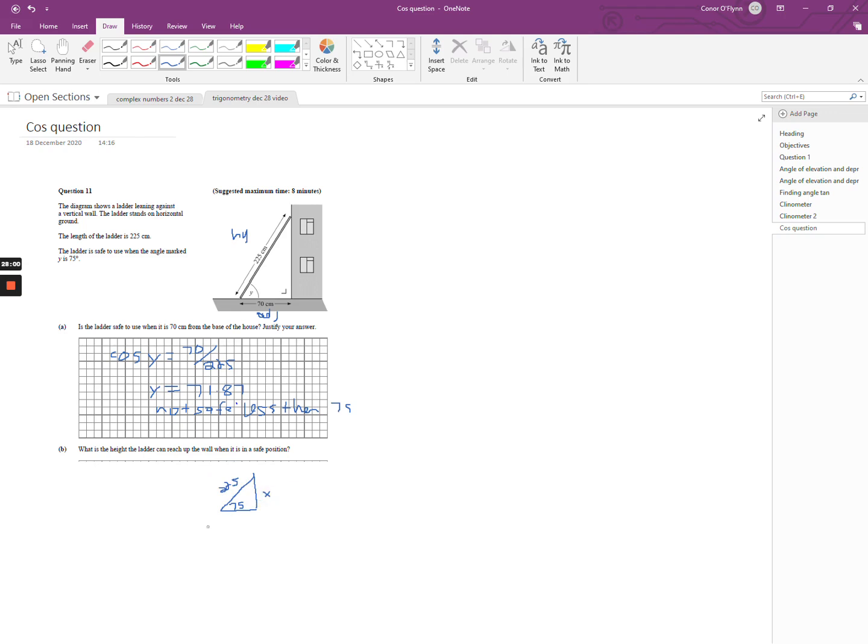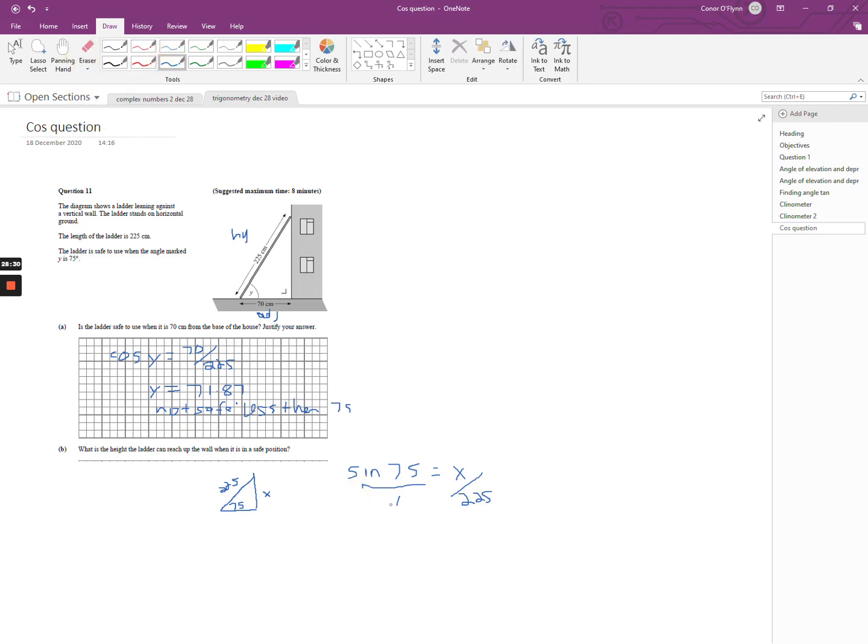Okay, so again, what will that formula be? What is x to 75? Opposite over hypotenuse. So it'll be sine 75 equals x over 225. Okay, and again, back to our rule: something over something equals something over something, you cross multiply.